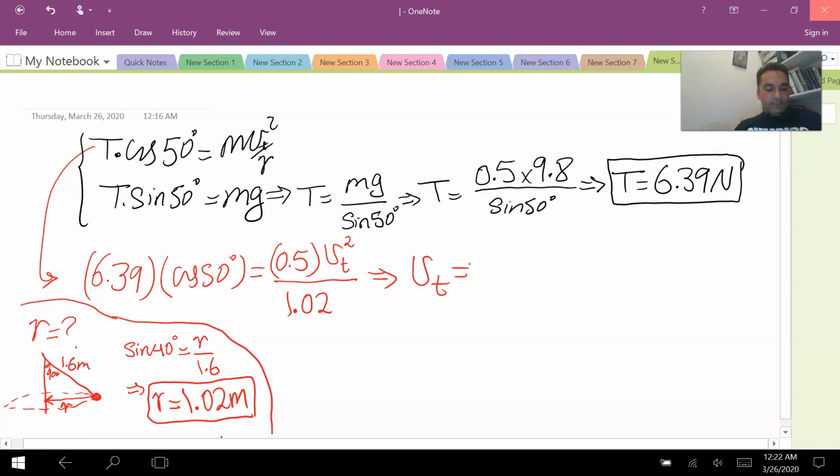Then guys, let's see what the tangent velocity is. So I'm going to do 6.39 times cosine of 50, times 1.02, correct, divided by 0.5, then take the square root, which will be 2.89 meters per second.